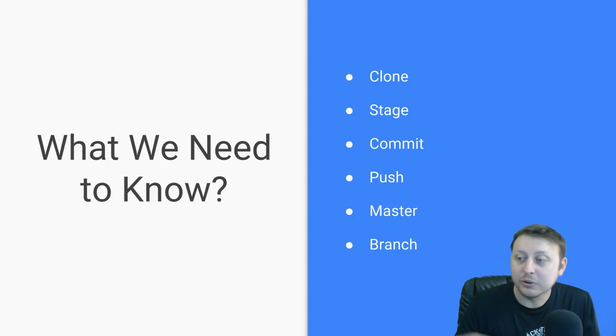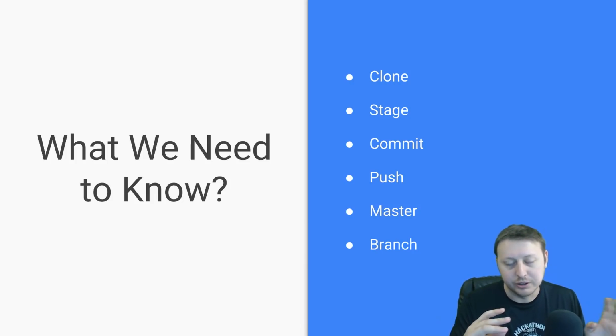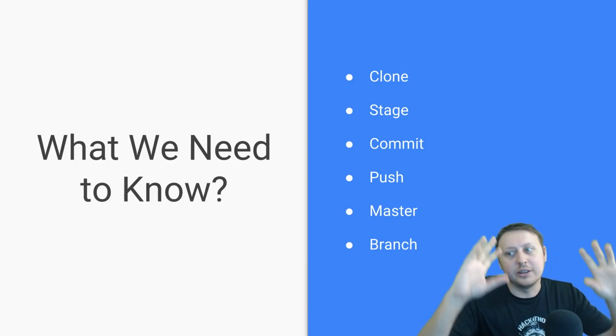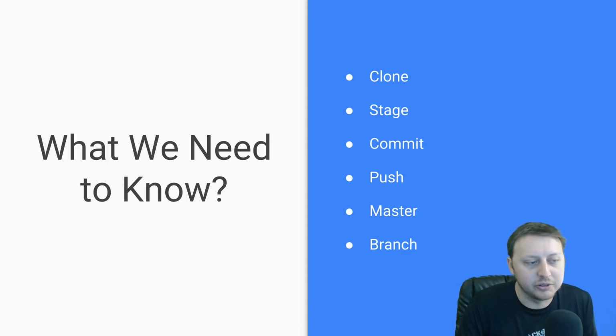Cloning is nothing more than copying code that's out there. Staging is nothing more than getting your code ready before you're about to save. Committing is getting your code ready to go in and push it to your branch. What's a branch? It's a version of your code. And master branch, that's the Mac Daddy, and pushing, that's actually saving our code. And we're going to give some examples of that right now.